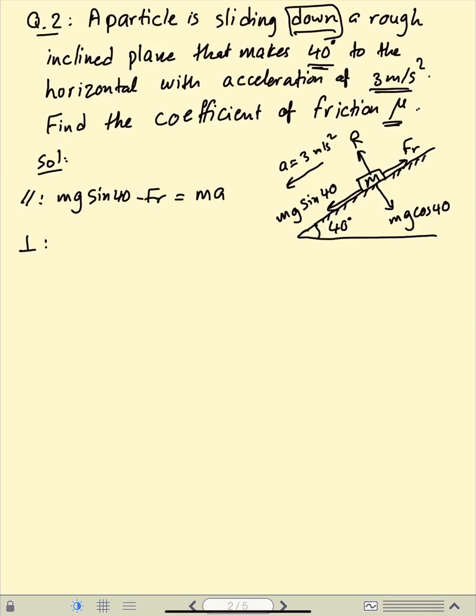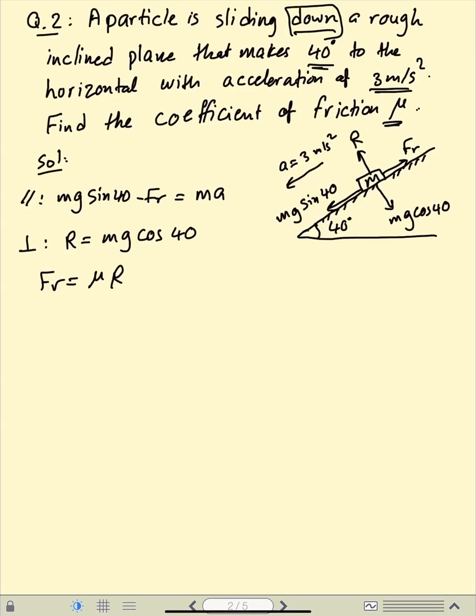Perpendicular to the plane, R is equal to mg cosine 40. And the third one, don't forget this, Fr is equal to mu R.